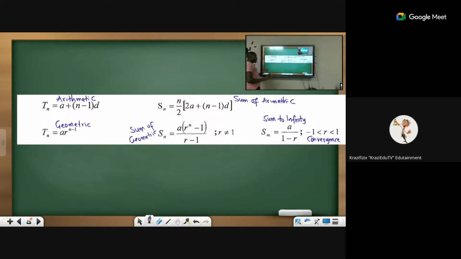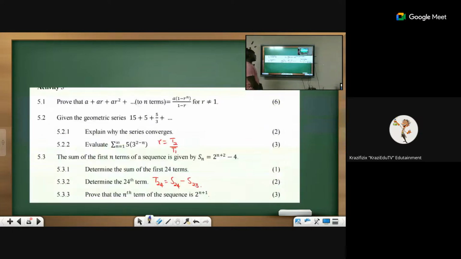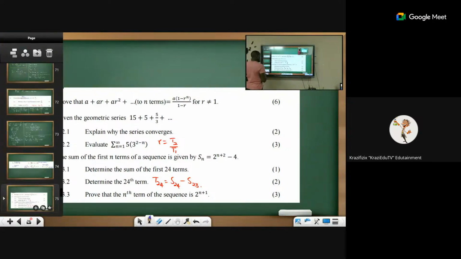We're just doing questions today, close to 10 or 12 questions for us to get familiar. There we go. Look at this one. Number 1, prove that A plus AR, I want us to walk through this together. So I'm going to create quite a number of these pages.